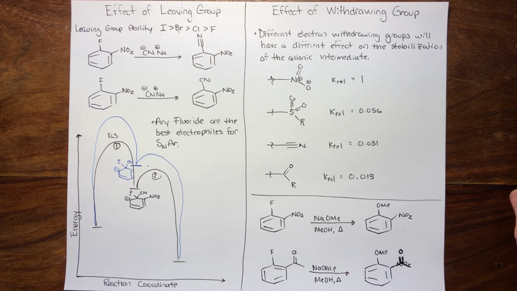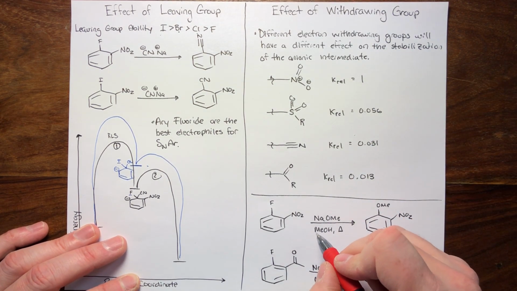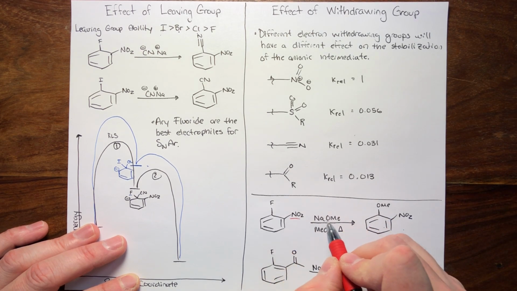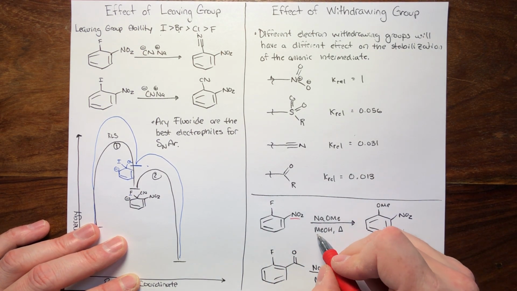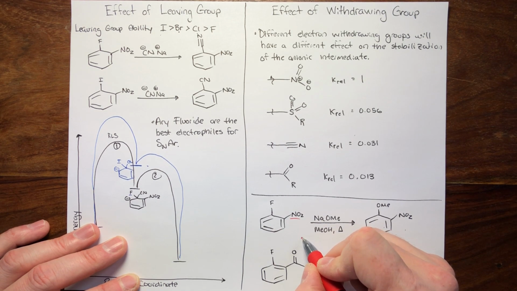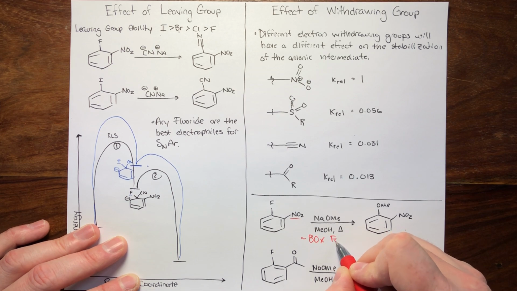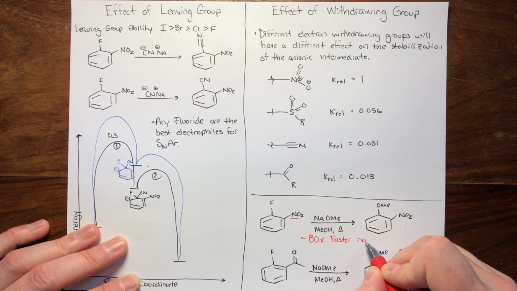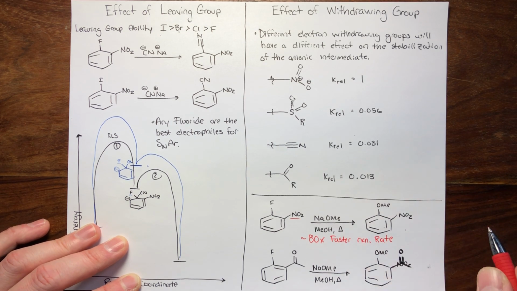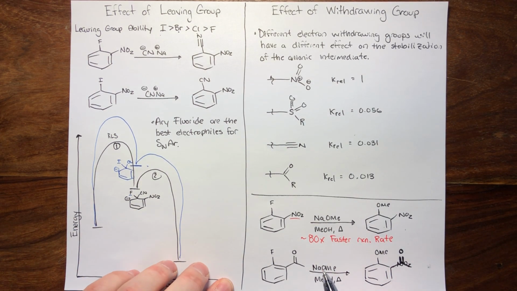When we look at these two reactions, what we learn from this data up here is that the substitution that occurs with the ortho-nitro substituent is going to be approximately 80 times faster. Whereas if we replace the nitro group with the acetyl group, the ketone, that's going to be approximately 80 times slower reaction rate. So the type of electron withdrawing group does matter.